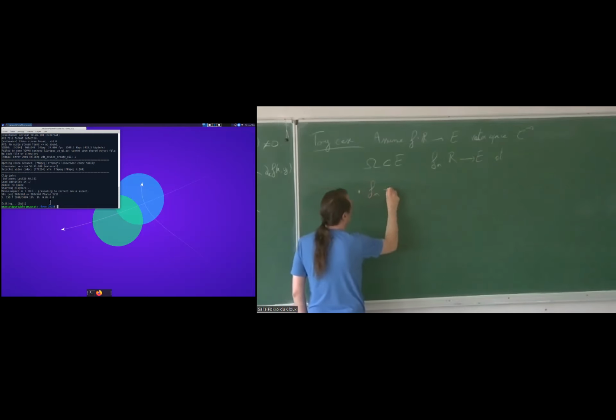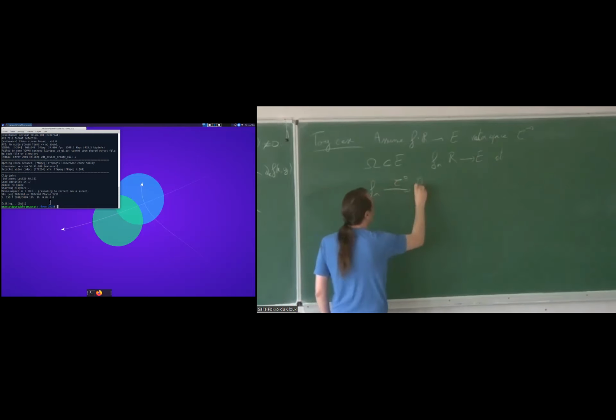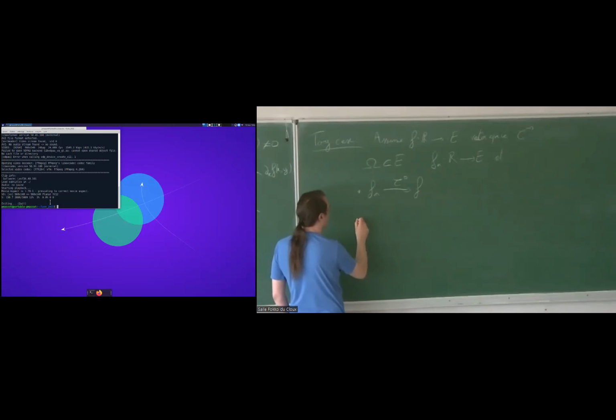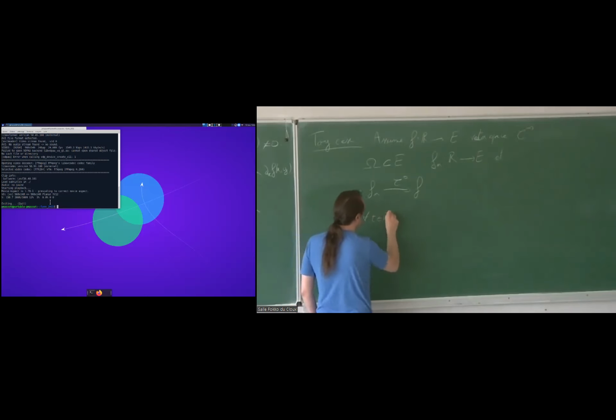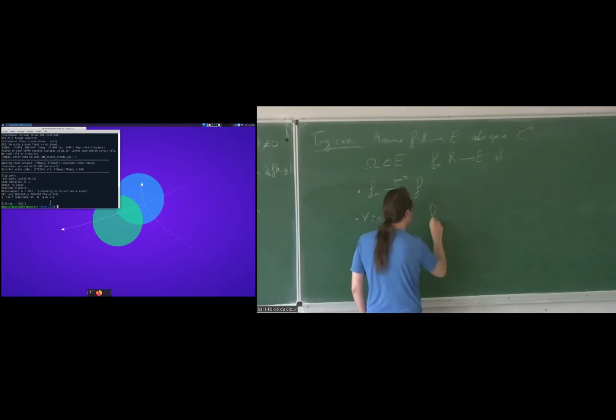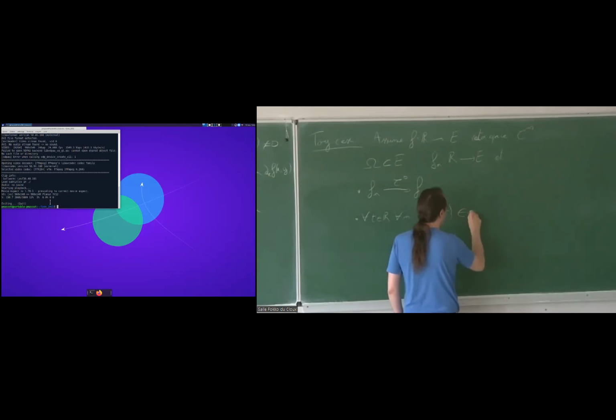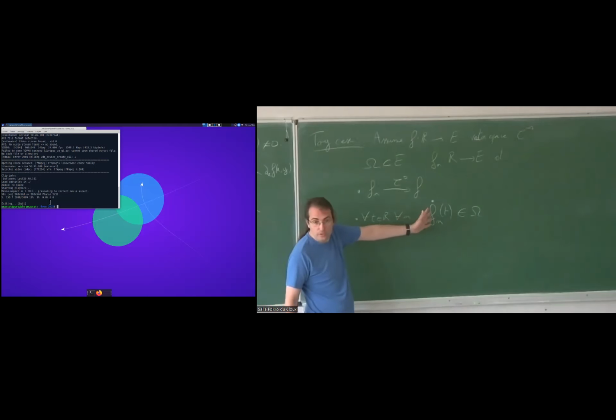Fn converges C0 to F, so uniformly on compact sets or something like this. It doesn't matter for the level of detail I'm using. And for all t in R, for all n, the derivative of Fn of t is in omega. Maybe in our first situation, omega would be simply R3 minus 0, and I'm interested in functions with non-vanishing derivative.